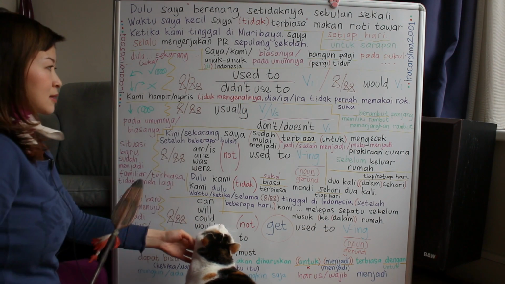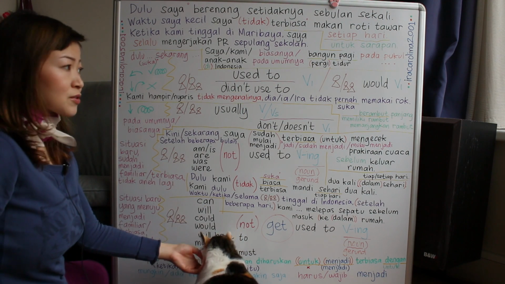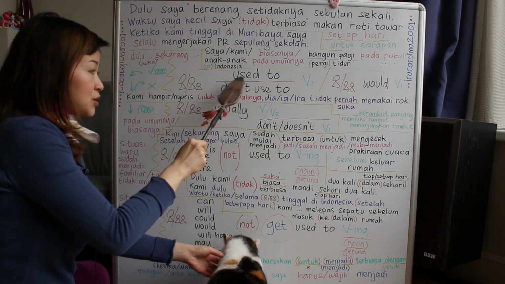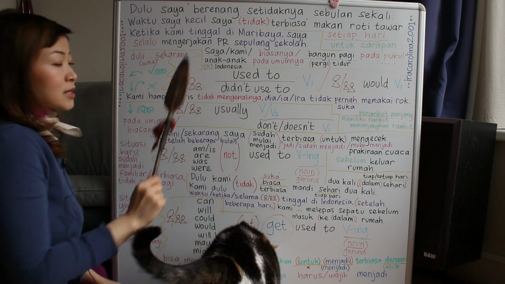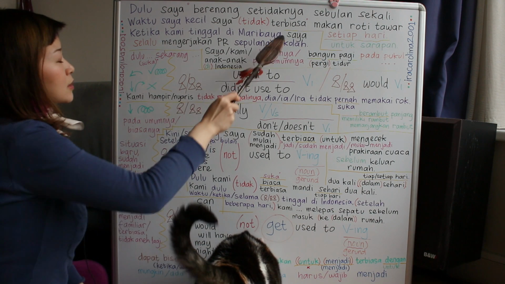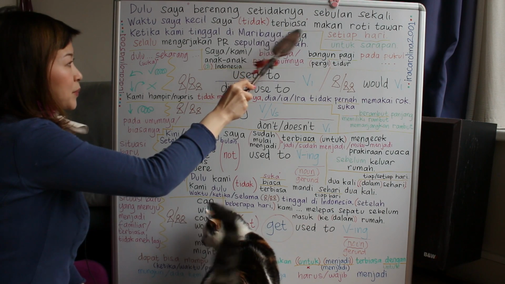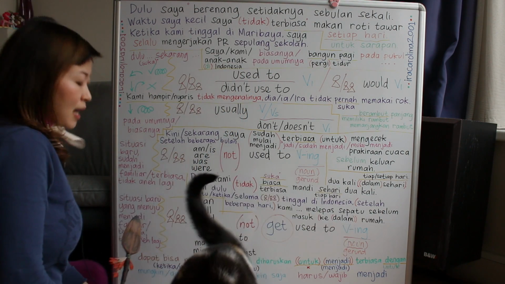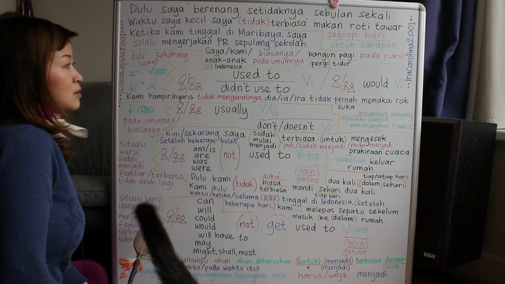Terbiasa. If you want to translate used to into an Indonesian word, it is terbiasa. Terbiasa means used to.